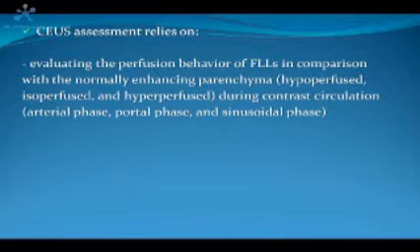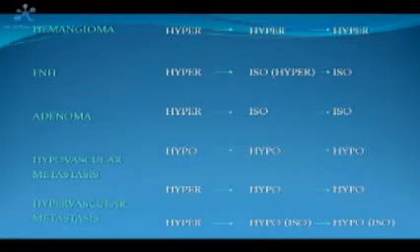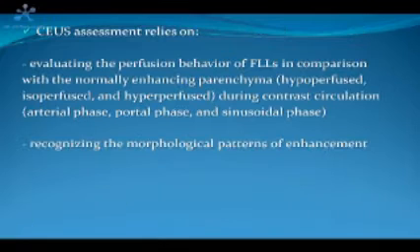CEUS assessment is based on the evaluation of the behavior of the lesions in comparison with the surrounding parenchyma, so the lesion can be hypoperfused or hyperperfused during the various phases of contrast circulation. And so the different kinds of focal liver lesion, we must know their behavior through the various phases.